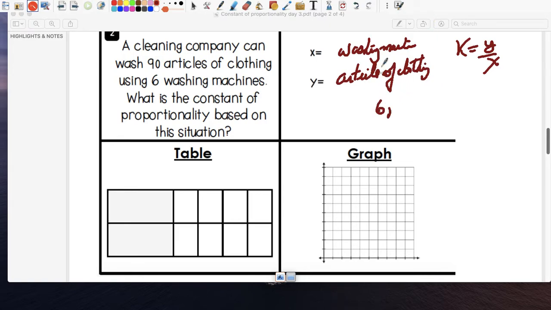Y is my articles of clothing, which is 90. So there is our point on the graph. We use that, 90 over 6, and I believe that's 15. So K equals 15, which I can also write as my equation of the line: y equals 15x.